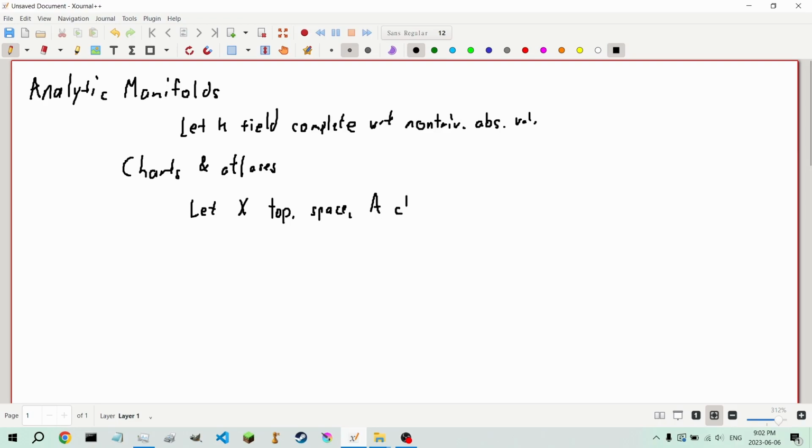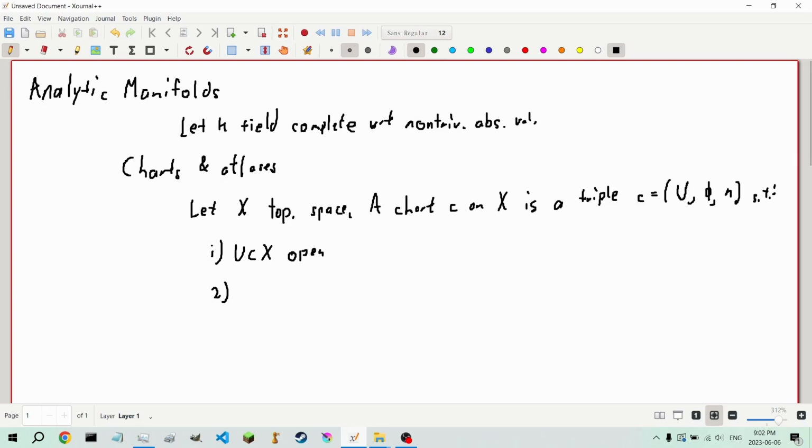A chart C on X is a triple C composed of a set U, a function phi, and a value n, such that, first off, U is an open set in X. Secondly, n is a non-negative integer.